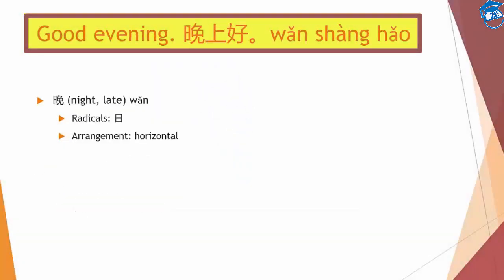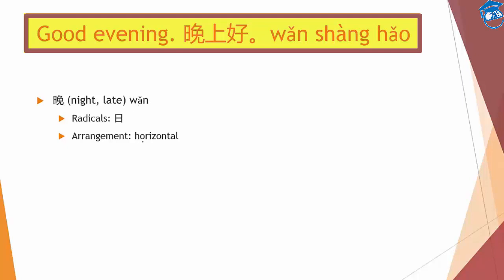The next one is 晚上好, good evening. Okay, so the new word is this one, 晚, which means night or late. So it's the opposite of 早, which is morning and early. Okay, this is the pinyin, and this is the radical here.